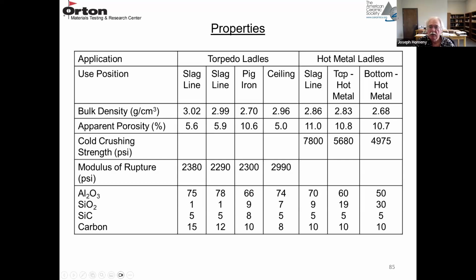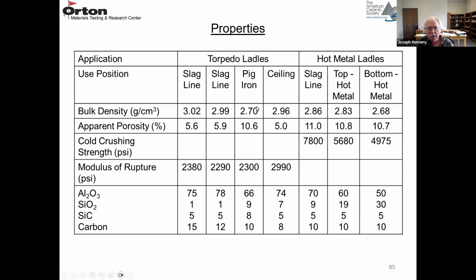And then where you're in contact with hot metal, maybe at the top near the slag line or at the bottom of the ladle. But different refractories are put in different locations depending on the wear rates. All the different locations have different wear rates.